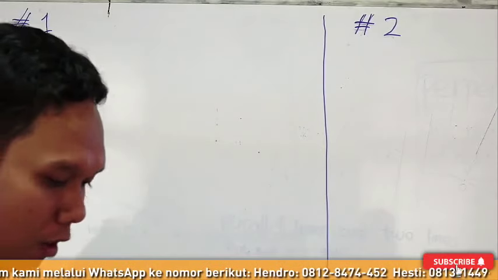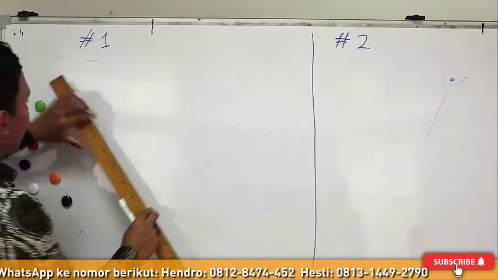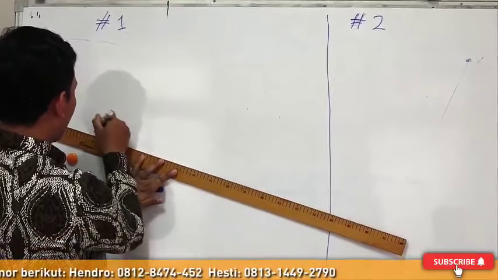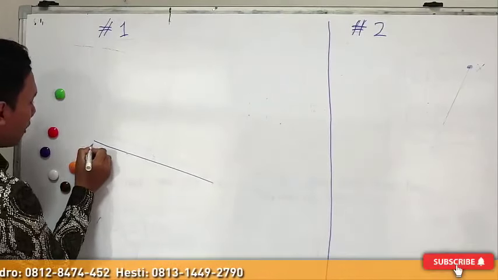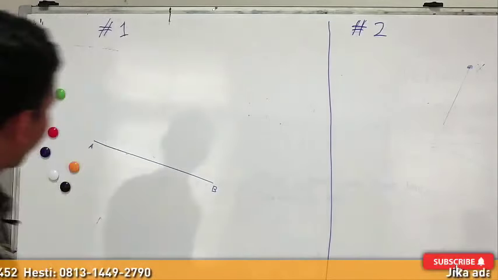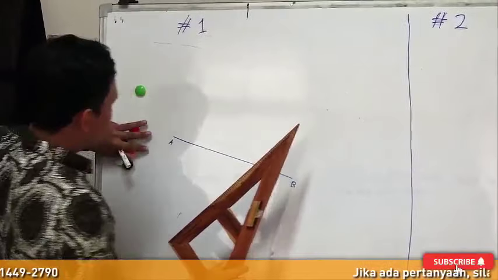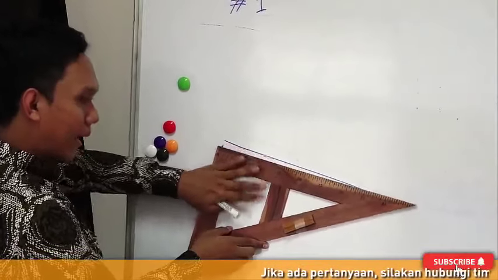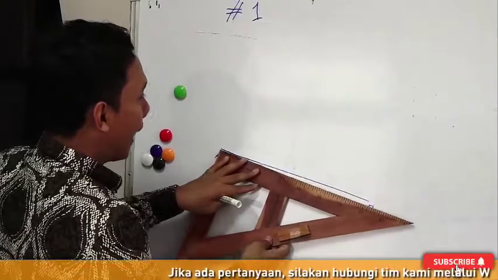The first step that we need to do is make the line first. We make a line like this. This is line AB. We need to name the line. And then we place the set square here. Place the longer edge of the set square against line AB.